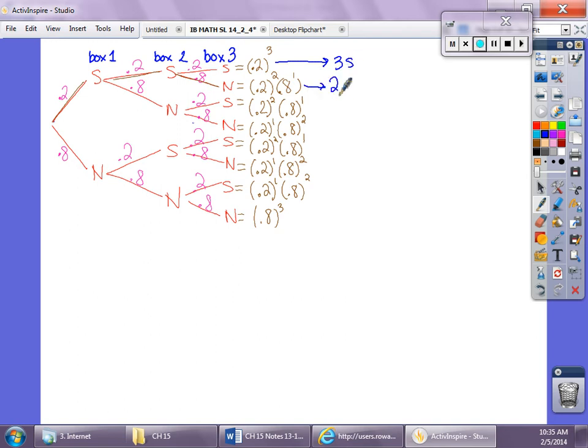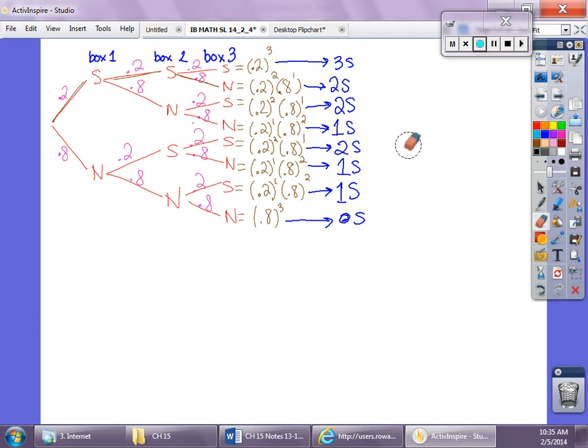This one would be 2 S's, 1 N, and so on down to 0 S's. What's interesting is I started by writing the N's, but in reality, if I know how many surprises I get, I also know how many I didn't get. So I'm just going to start out like that.